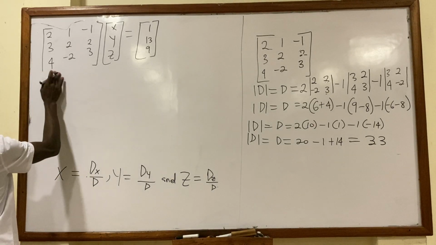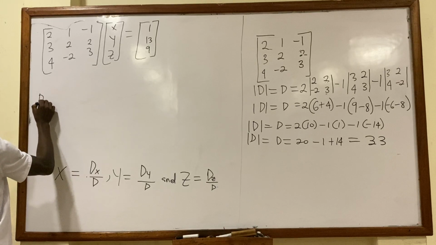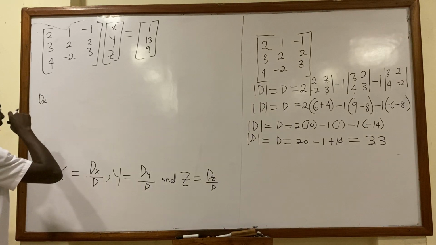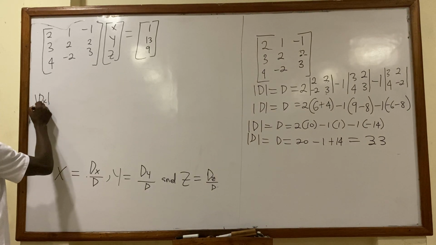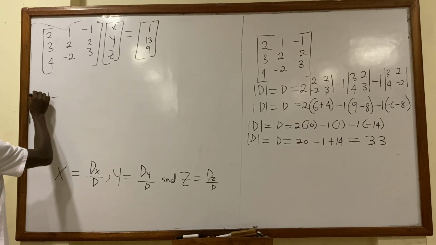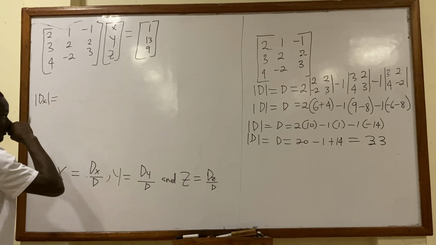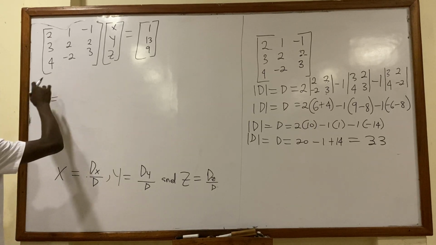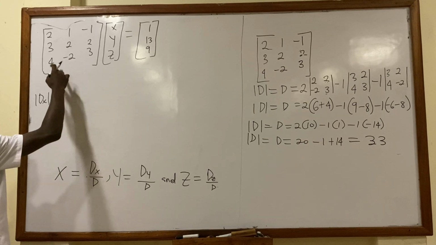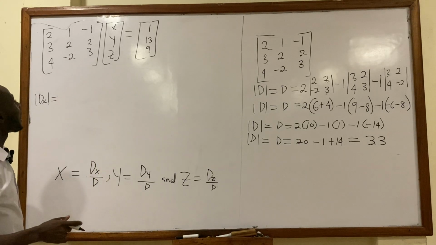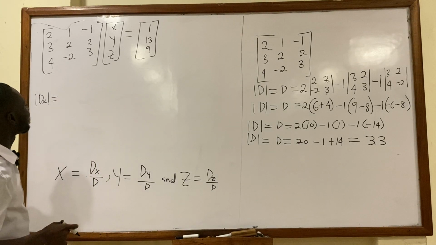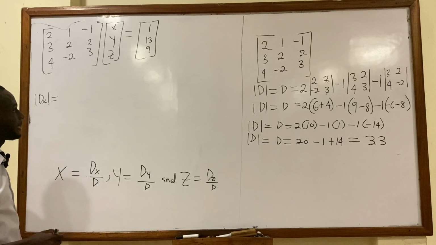Now the Dx is obtained by finding the determinant of D. But then, we have to change some elements in D before we can find the Dx, right?